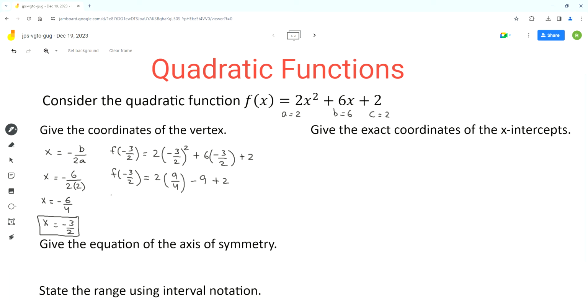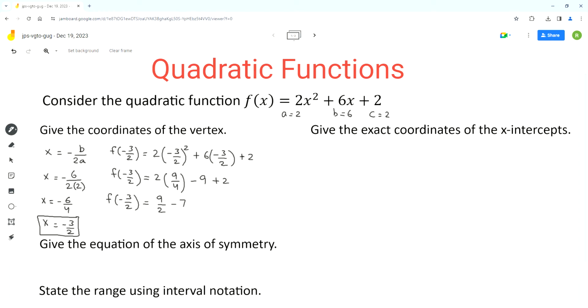Now we can simplify the first term. So 2 times 9 over 4 will be equal to 9 over 2, because 2 times 9 is 18, and 18 over 4 can be reduced to 9 over 2. And now we can combine negative 9 and plus 2, which is equal to negative 7.